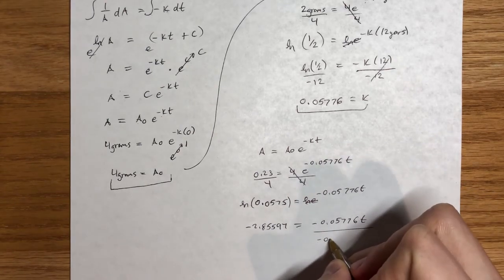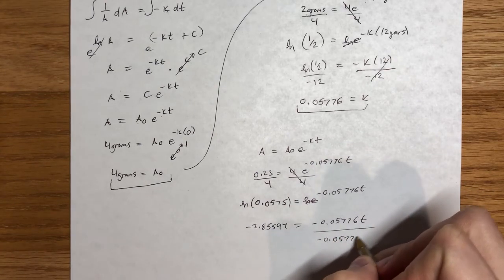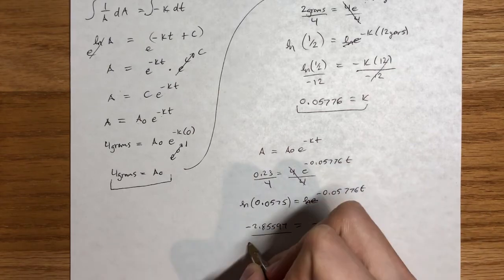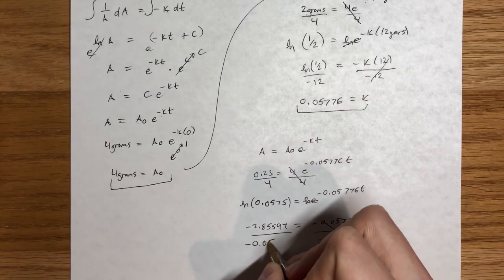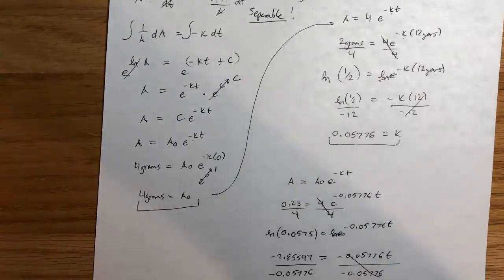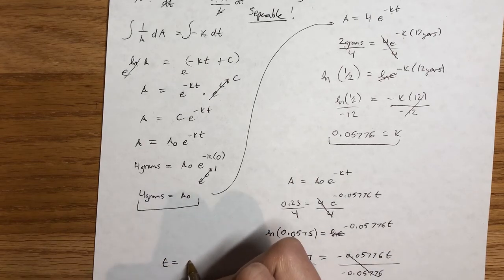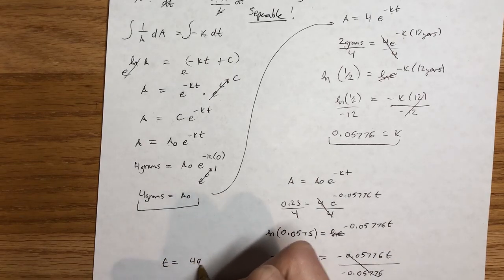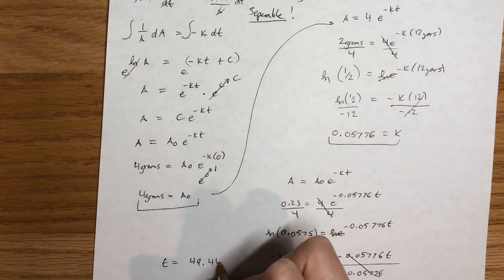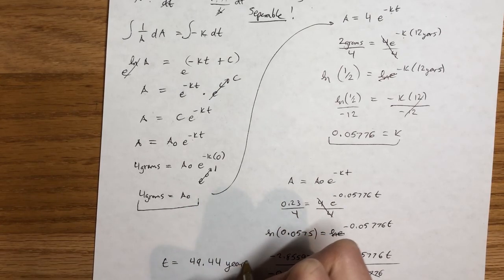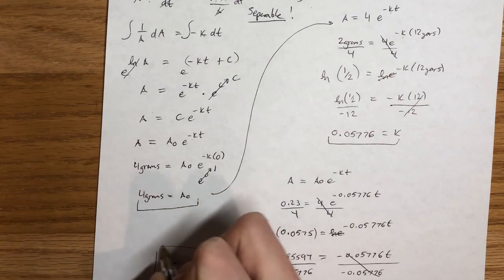We divide by negative 0.05776 on both sides, and we find that t is equal to 49.44 years. And that's how long it takes.